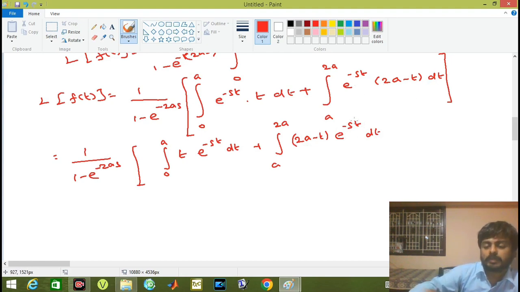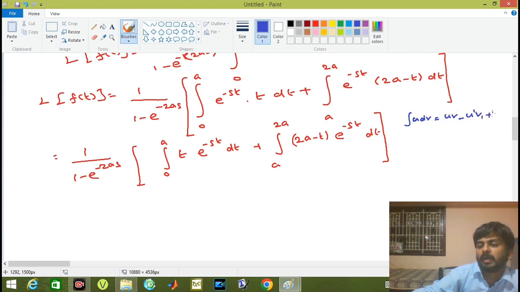So by using Bernoulli's formula, we will have integral u dv equal to uv minus u dash v1 plus u double dash v2 minus etcetera. We have to stop this continuous process when the derivative of u becomes 0.